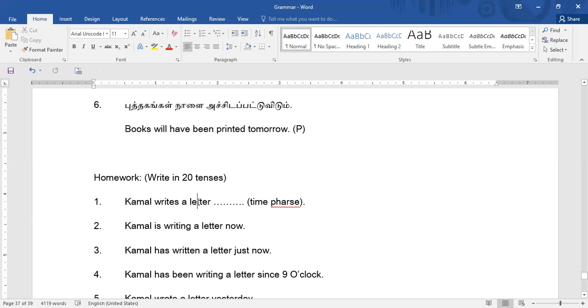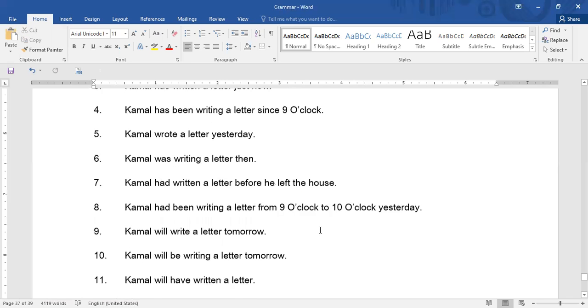Present continuous passive: no. So to show the continuous, you should use being. Now can you say a letter is being written by Kamal?